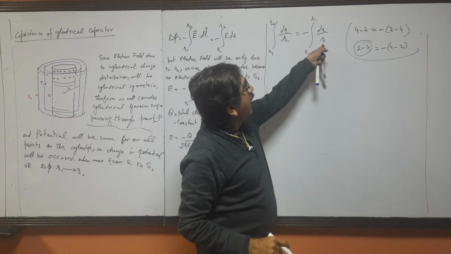So the result of this integration will be Q over 2 pi epsilon L times log of r, with the value changing from R to R1.